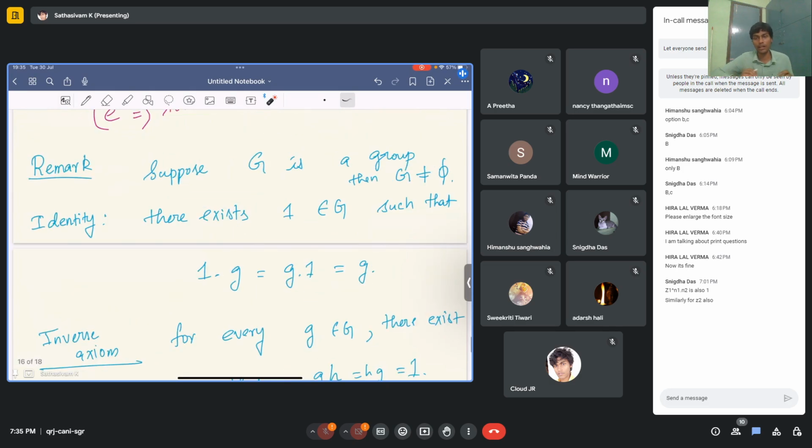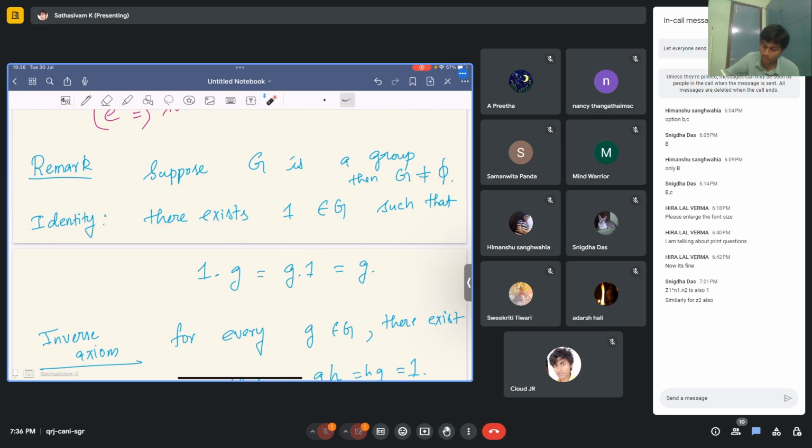That's why whenever somebody writes, they never write let G be a non-empty set. And then you are not defining a group, right? So if you look at the definition of the group, you don't have to define a group as a non-empty set. So you can start with any set, but the identity axiom itself tells that G is non-empty. So G is non-empty is a consequence.